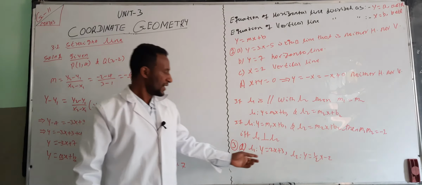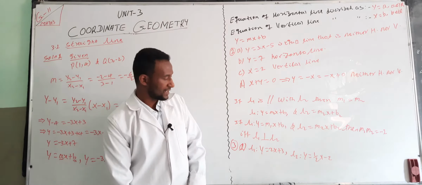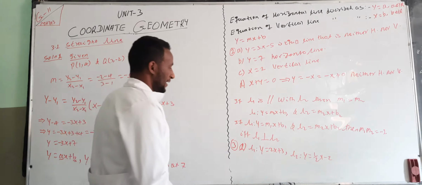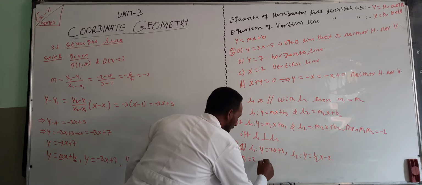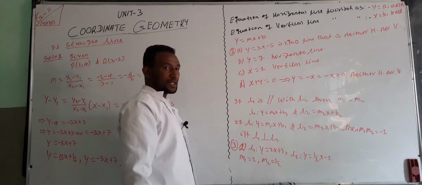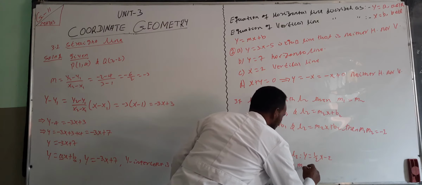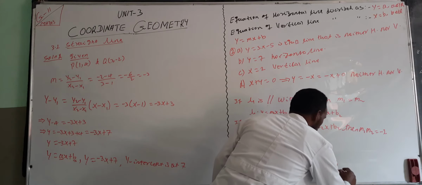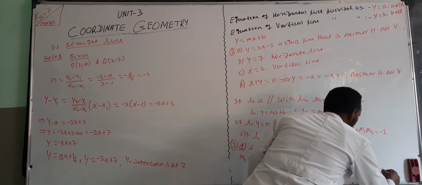To identify this, we have to consider the slopes of these two lines. The slope of L1, m1, is 2 and m2 is 1/2. Then m1 is different from m2. Therefore L1 is not parallel with L2.